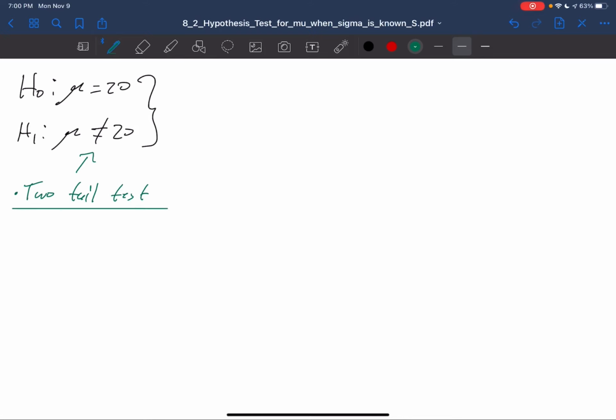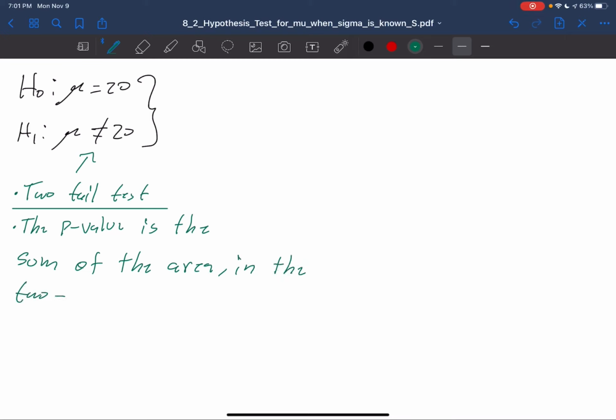Sweet. So this means that the p-value is the sum of the area in the two tails.